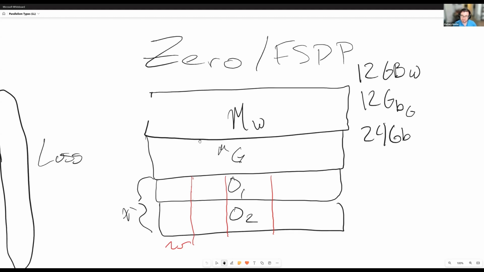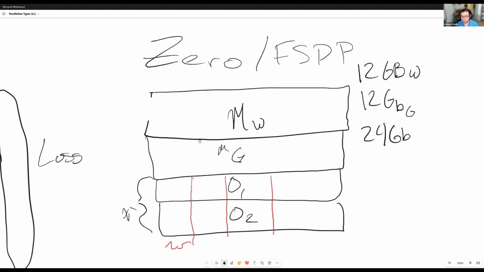But because it's at the optimizer state, we're not adding a lot of communication overhead because only the optimizers need to be updated to stay in sync. So it's low communication, but also low memory gains because it's just the optimizer states and not really helping with the other parts of it.